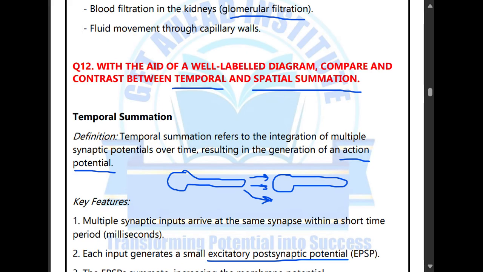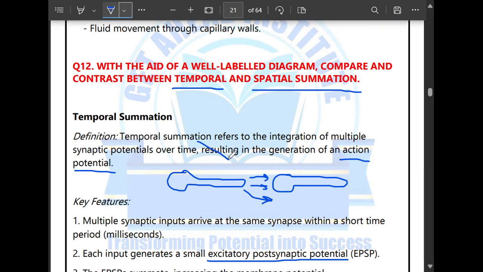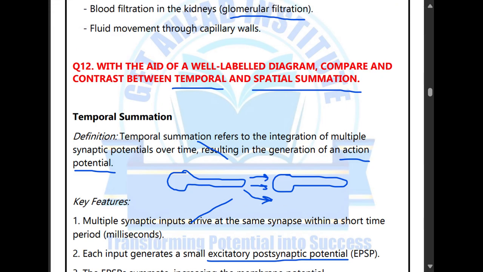Then you also have spatial summation, which involves three presynaptic neurons. So there would have been another one here as well as another one here firing on the same postsynaptic neuron. Because the goal of both of these is just to grade the potential, or to increase the membrane potential so that threshold can be achieved.